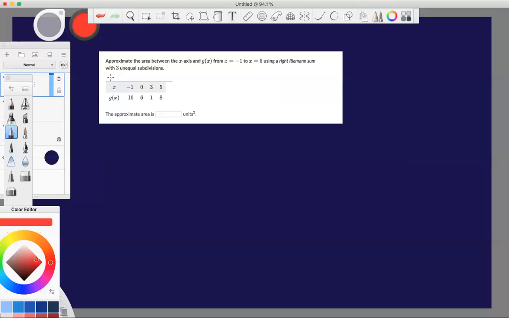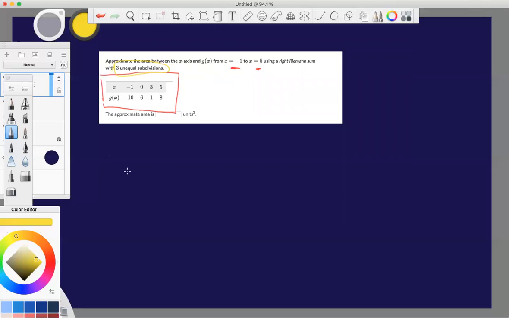Notice that we're just given a table. And one more thing is it's from -1 to 5. Our next step is to take a look at this statement right here. It tells us that we do have 3 unequal subdivisions.